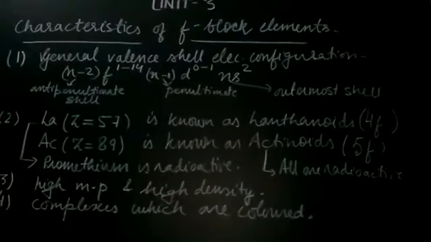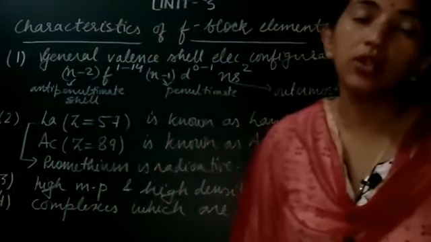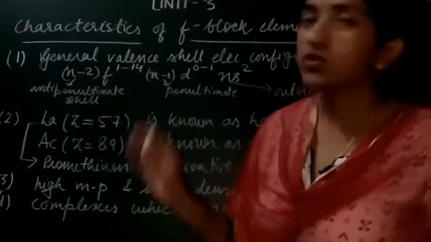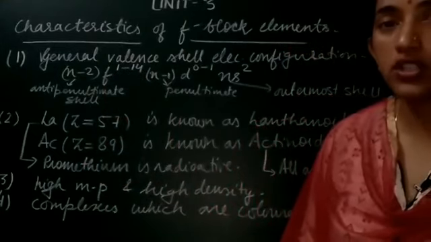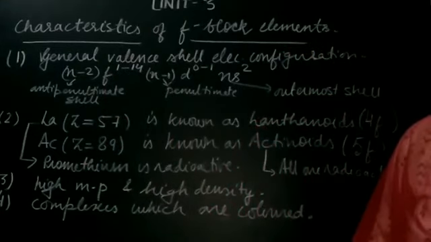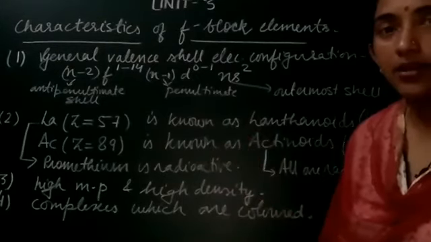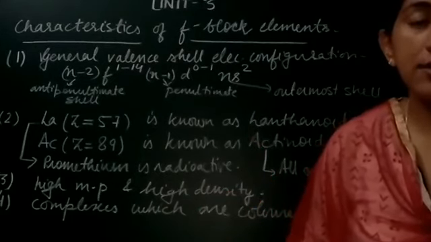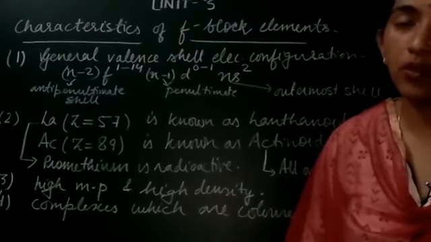Mainly they are colored compounds. And next, they show variable oxidation state. As you can see, they have more number of electrons in the f subshell, so depending upon the outermost electrons, they show variable oxidation states. Just get these points noted down. The fifth point is that these elements show variable oxidation state. So students, just get the points noted down.